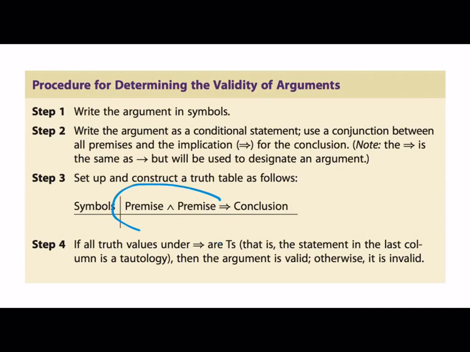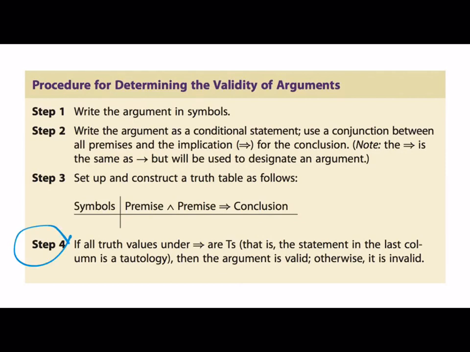Or if premise one and premise two are accepted, does that lead me to that conclusion in all cases? And I do want to consider cases where the premises are false, or perhaps the conclusion is false, because I would still be able to say that the argument could be logical and valid even if it's not true. Okay? And then I would make my truth table.